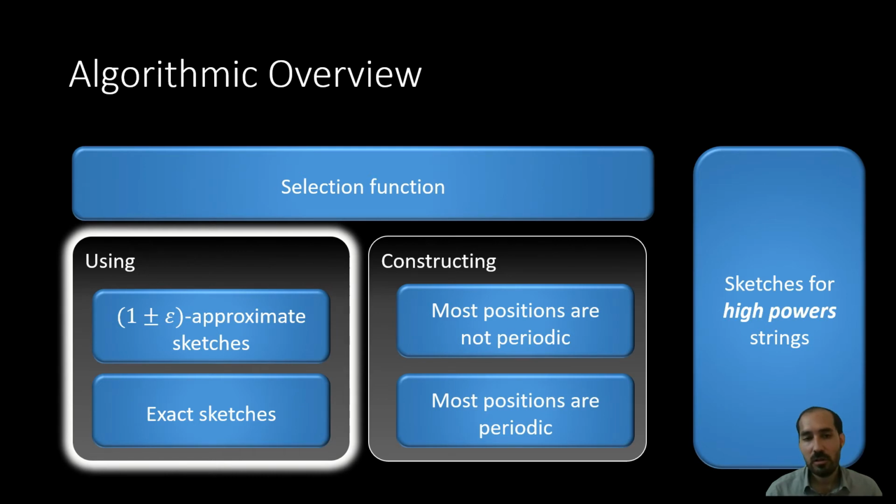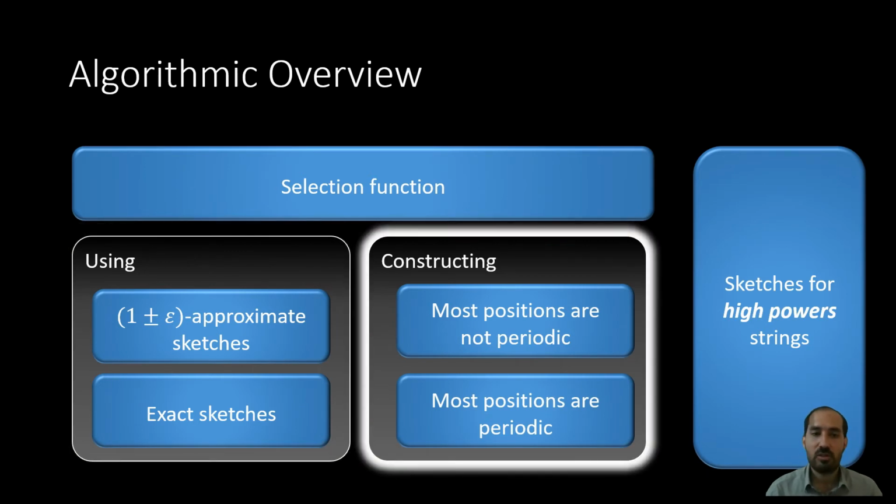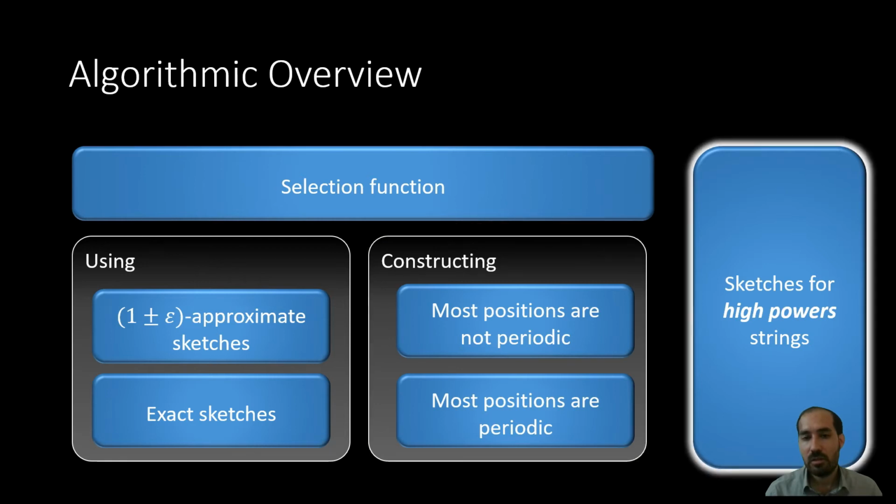And of course, we discuss how to construct such functions, and there are two cases which we cover in the paper. There are some kinds of strings that we need to solve using a different approach, because the approach of the selection function will not work for them. We will discuss this issue also in a few minutes. So these are the parts of the algorithm.